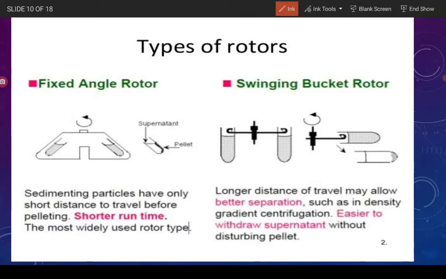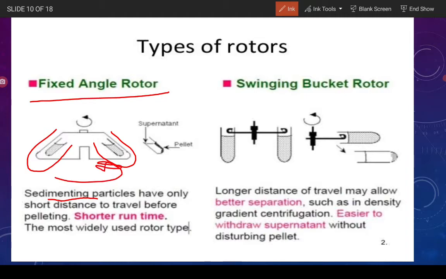Types of rotors. Fixed angle rotor: here you can see the test tubes in which the particles are kept are fixed at a slightly bent angle, right? The test tubes are fixed at an angle, and they move in the same fashion.